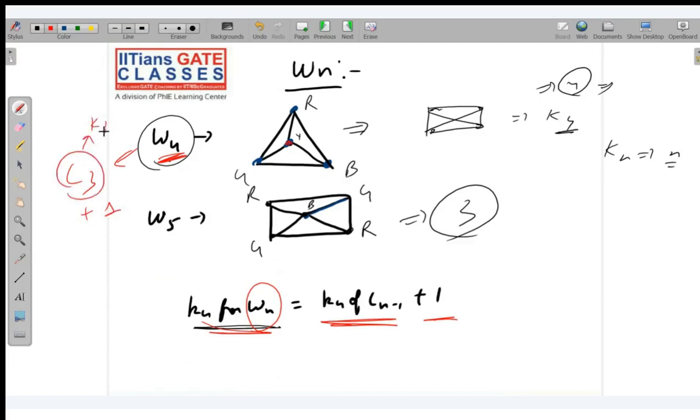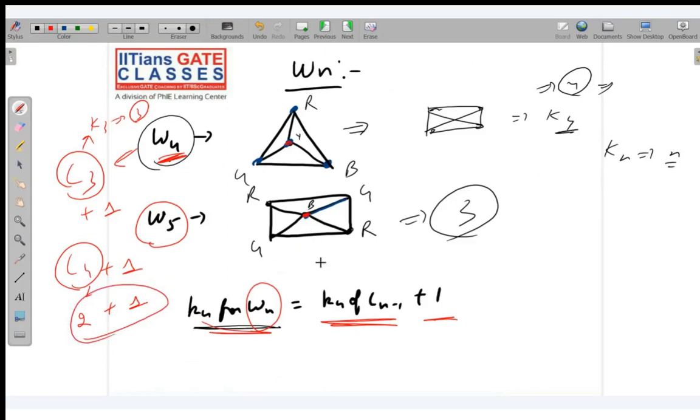Chromatic number was 3, so 3 plus 1 was 4. W5 is C4 plus 1. For C4 you will take 2 colors and plus 1 color. Why 1 color extra? Because this is adjacent to all the vertices, so you cannot reuse any of the colors, so you have to take another color, so it will be 3.